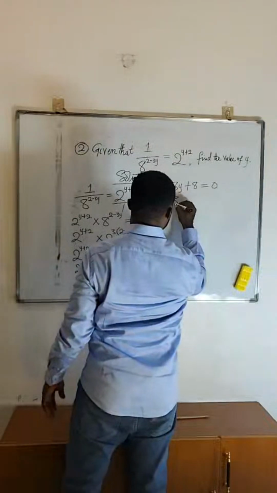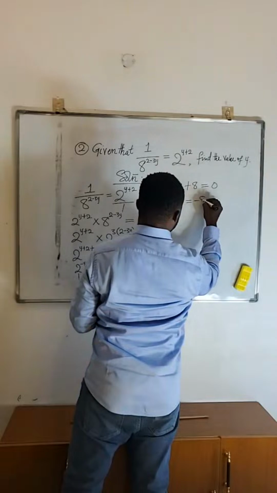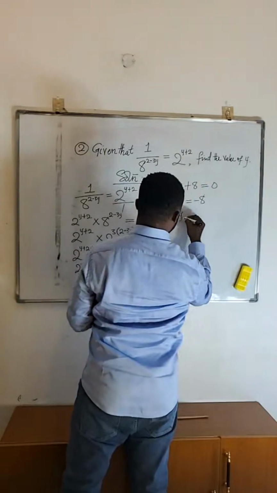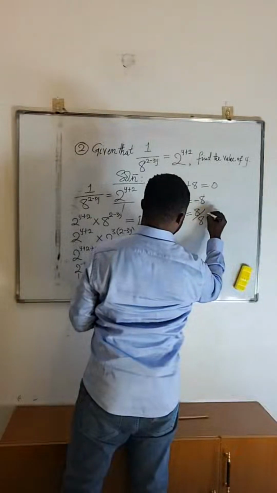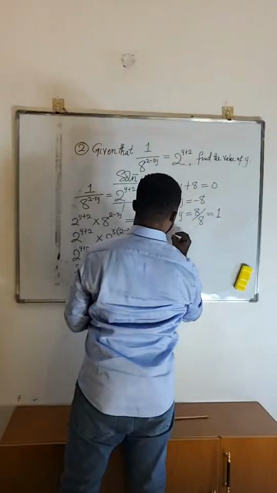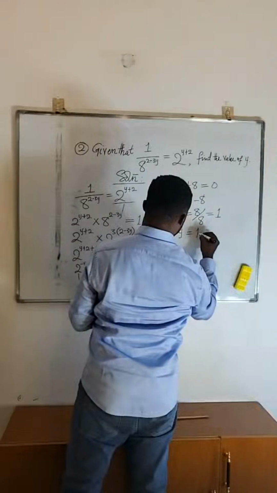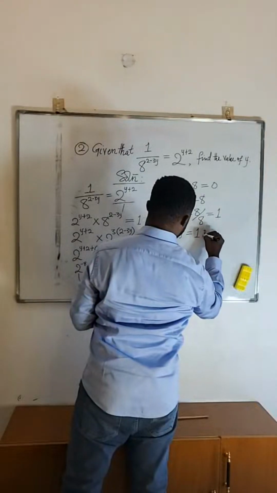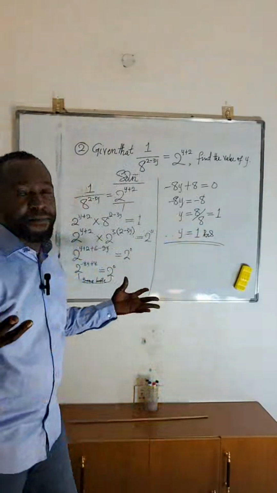And so minus 8y equals minus 8. And so y equals 8 over 8, which is 1. So we can say therefore y equals 1. That is the answer. As simple as that.